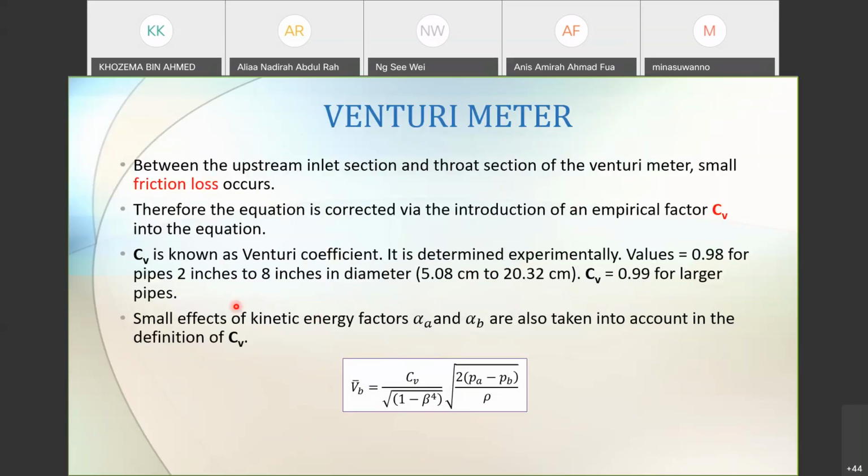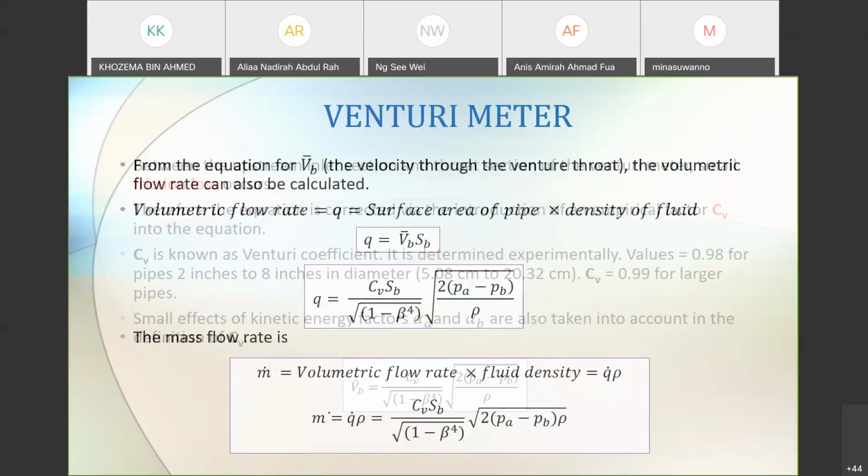And taking into account alpha A and alpha B in the value of CV, this is the final equation for the Venturi meter. So from this equation, we can calculate the velocity of the fluid at point B.